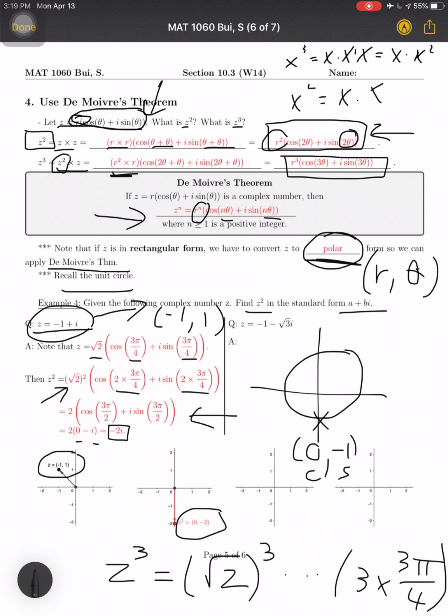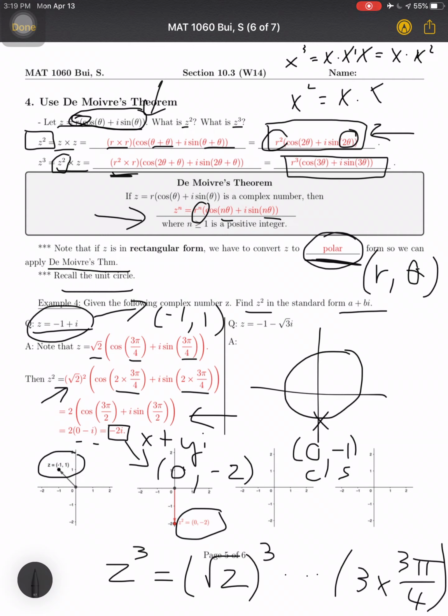For the second, it looks like x plus yi, but since there's no x part in here, the coordinate would be 0. And in front of i, we have -2. So the coordinate would be 0, -2. That's why in here we had 0, -2. And on the first diagram, we have -1 and 1.